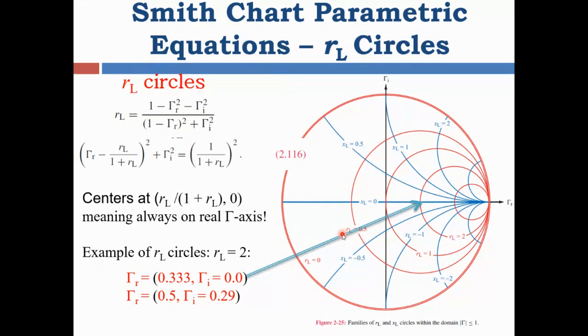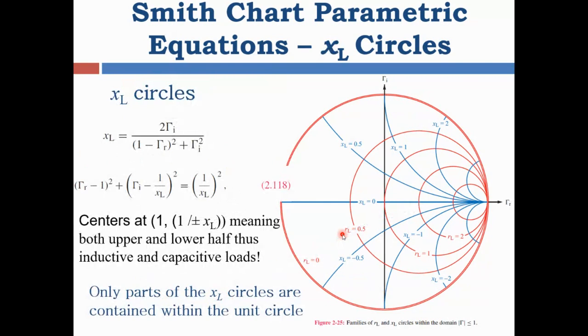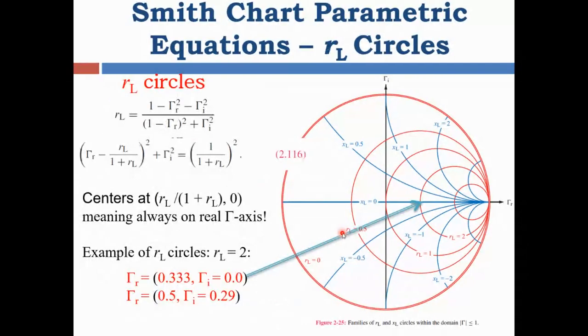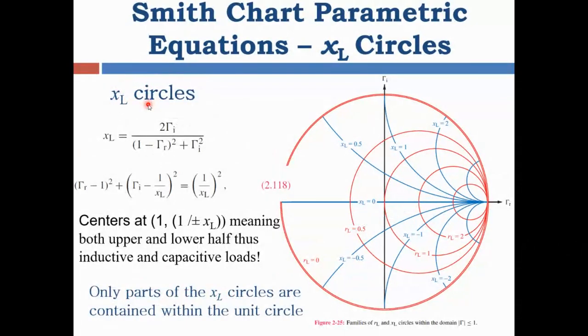Okay, now we can do the same identical thing with the imaginary components. So you remember R sub L is the real part of the impedance, and X sub L is the imaginary part of the impedance. Now, X sub L, the imaginary part of the impedance, is related to gamma like this.